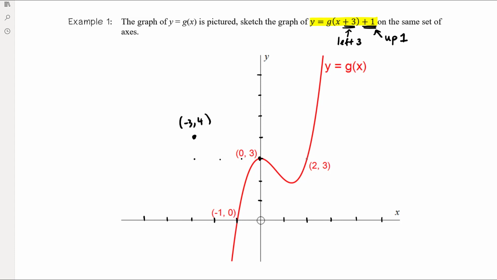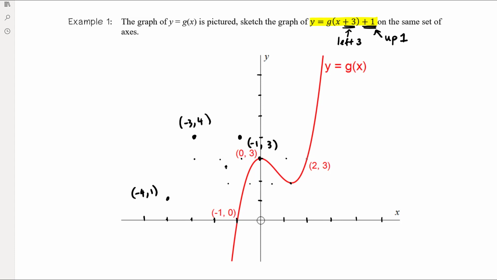Okay, this point at 2, 3, we take that to the left by 3 and up by 1. That's now at negative 1, 3. Okay, this point at 0, 1, to the left by 3 and up by 1, that's now at negative 4, 1. Okay, this point here we haven't got coordinates labelled for, but let's move that roughly across by 3 and up by 1.